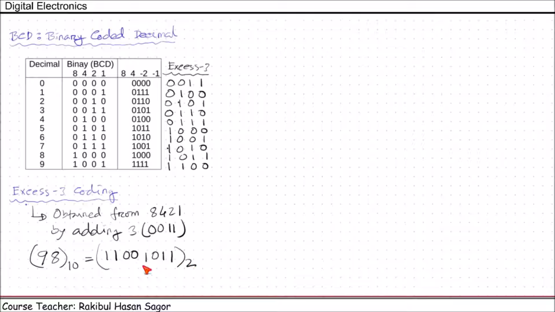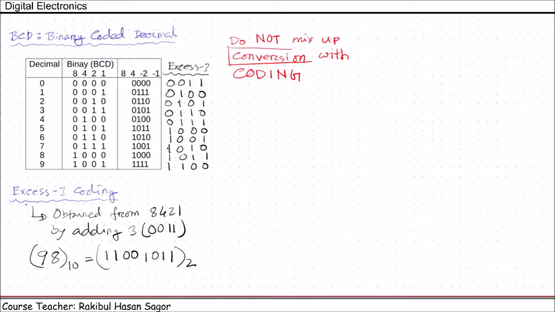Remember, this is not binary conversion, this is code conversion. Do not mix up conversion with coding. Two different things, conversion and coding. For binary conversion, a number will be converted to a binary number.